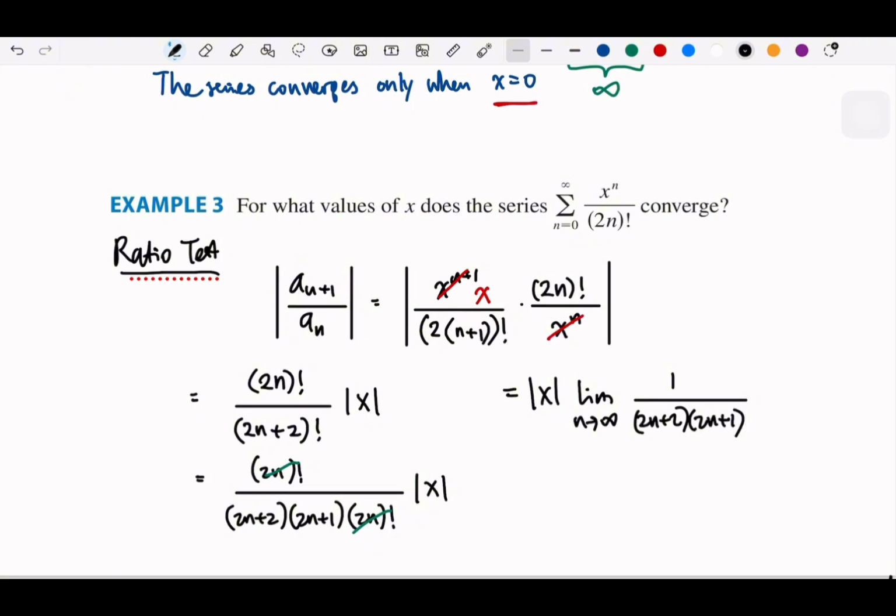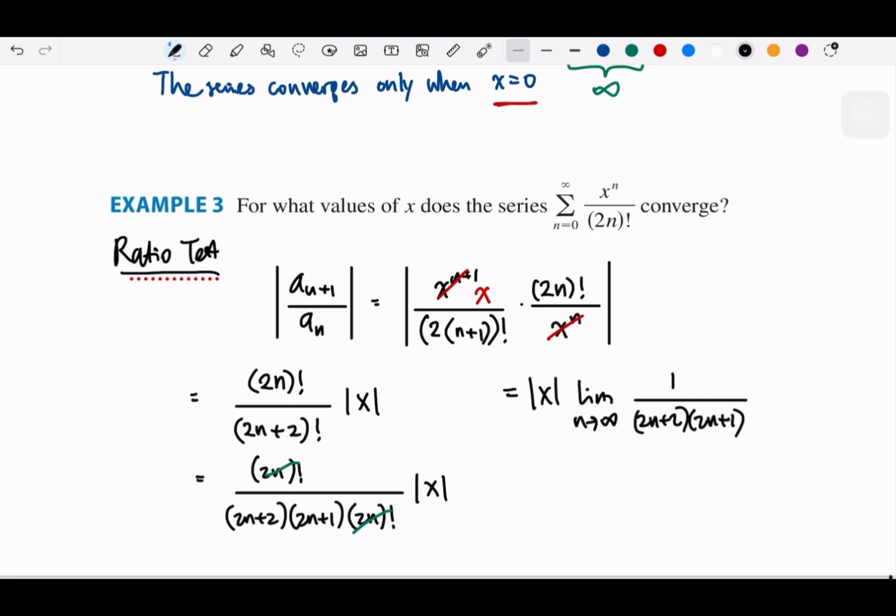Now the limit itself is 0, right? The limit itself is 0. So what about x? All the numbers are possible. So x will be for all values of real numbers.